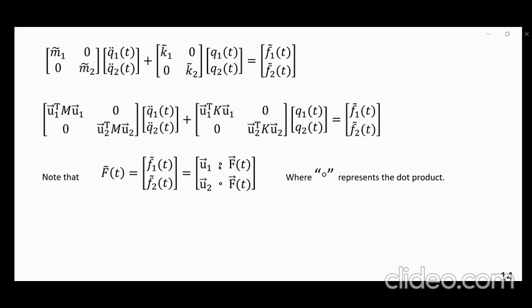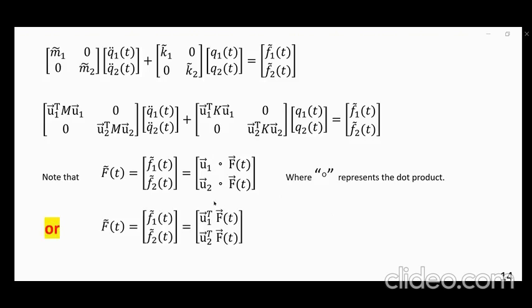You can write it like that, or if you don't like this dot, you can write it as U1 transpose F(t) and U2 transpose F(t). So it's just a matter of taste, whether you want to use the dot or whether you want to look at it as the multiplication on the left by the transpose of the first column, etc.